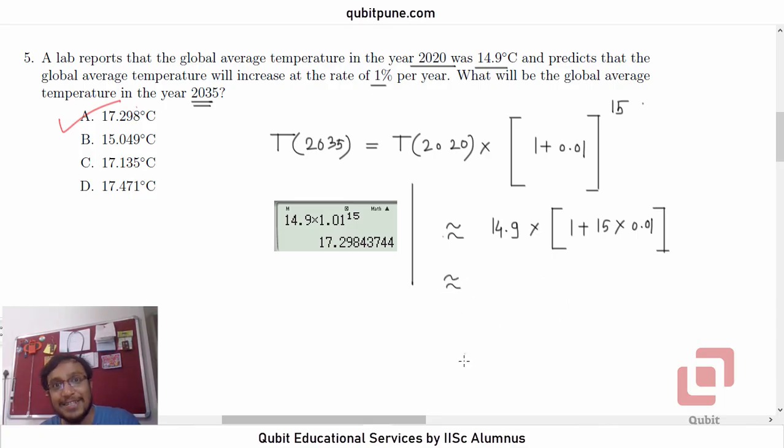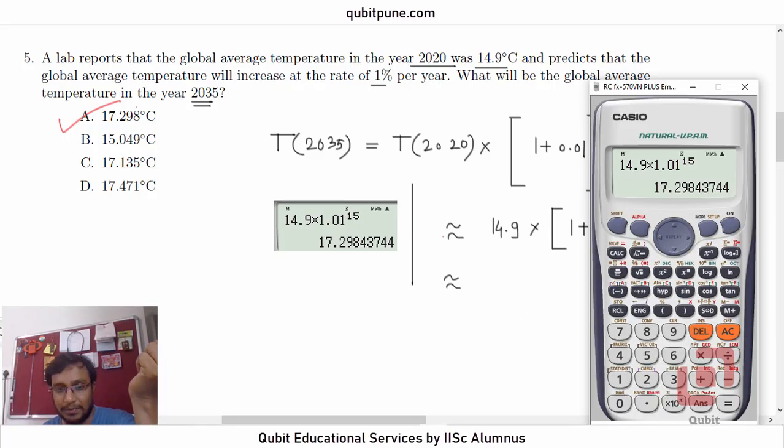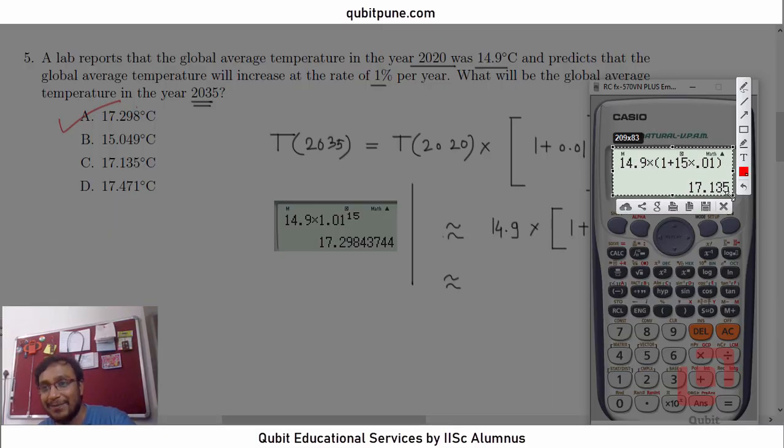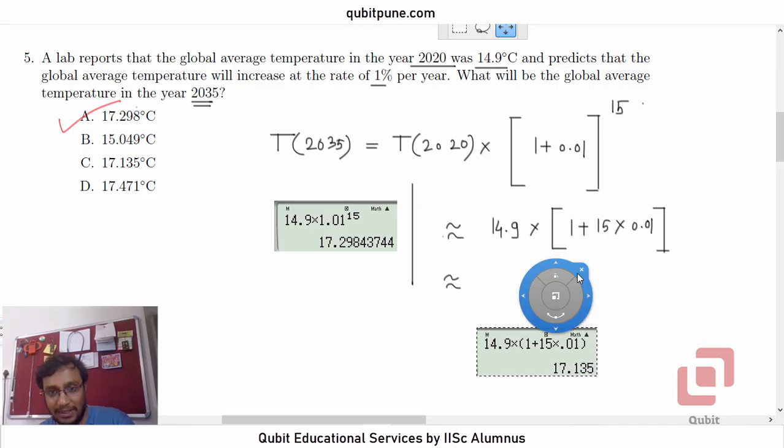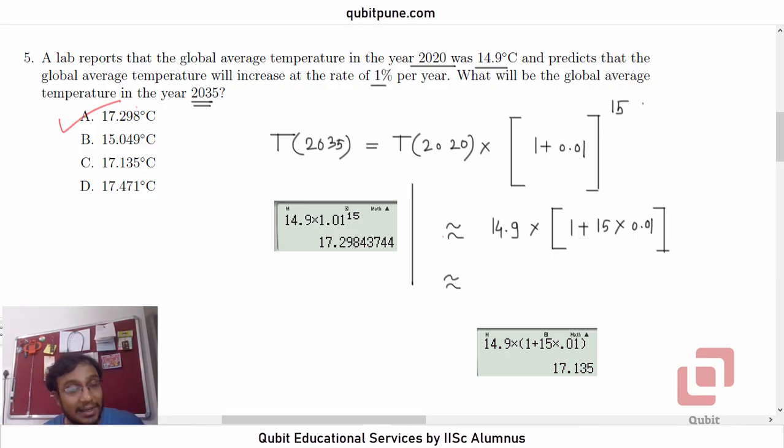Now this approximate answer is also there in the options. Instead of raising 1 plus 0.01 to the 15th power, I'll just be multiplying 14.9 by 1 plus 15 into 0.01, and that is 17.135. That is option C. So which of the two options are you going to select?